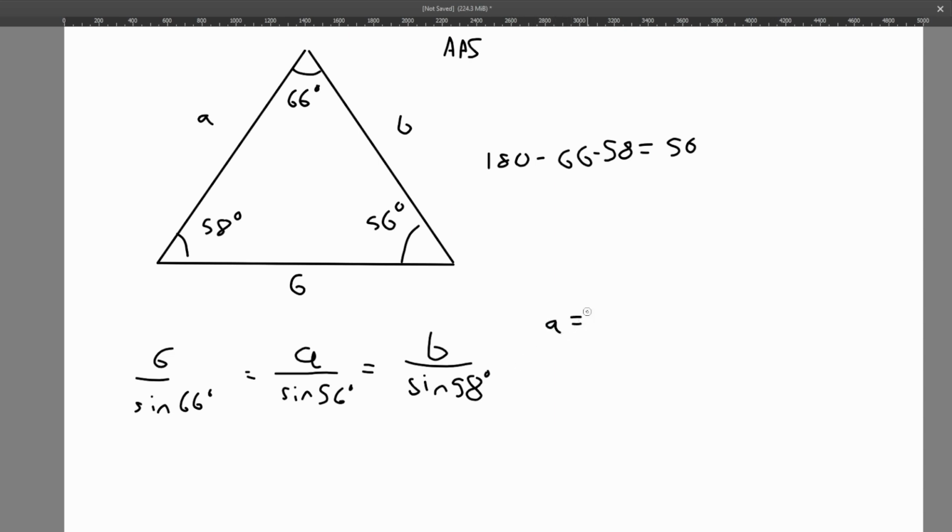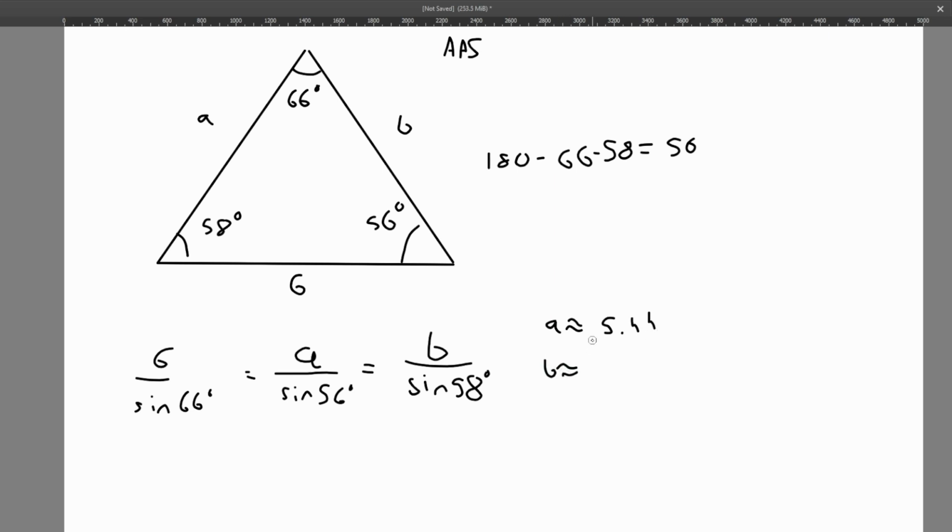So, for example, A here would be 6 times sine of 56 divided by sine of 66, which would give us approximately 5.44.